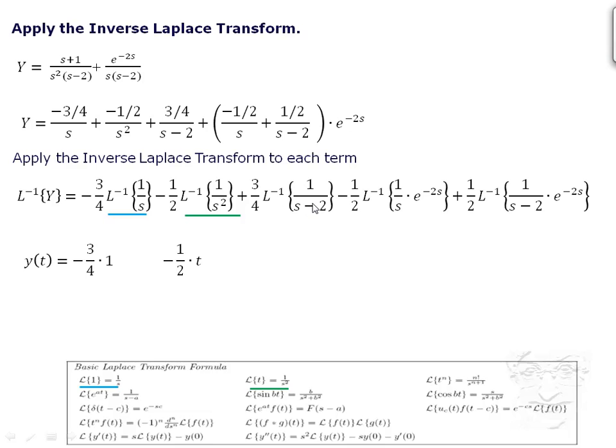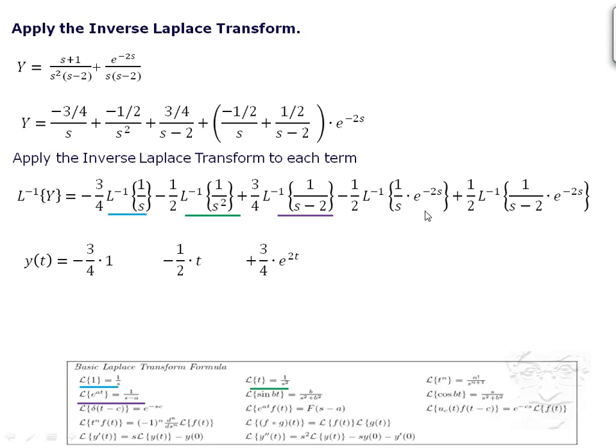On this third term, the inverse Laplace of 1 over s minus 2, you would find this one right here. 1 over s minus a gives you e to the at when you apply the inverse Laplace. So I'm going to get e to the 2t, 3/4 e to the 2t.